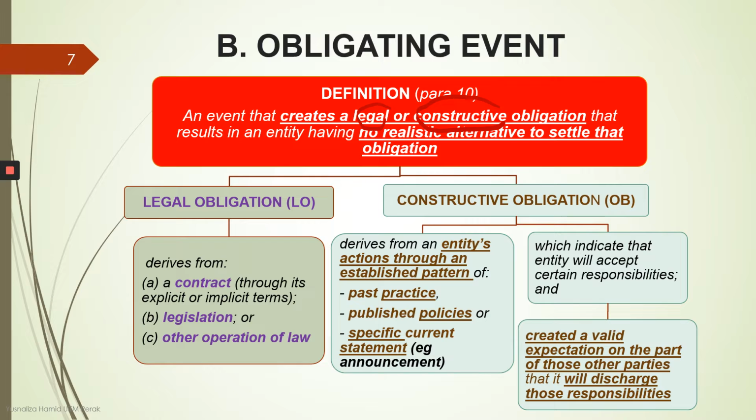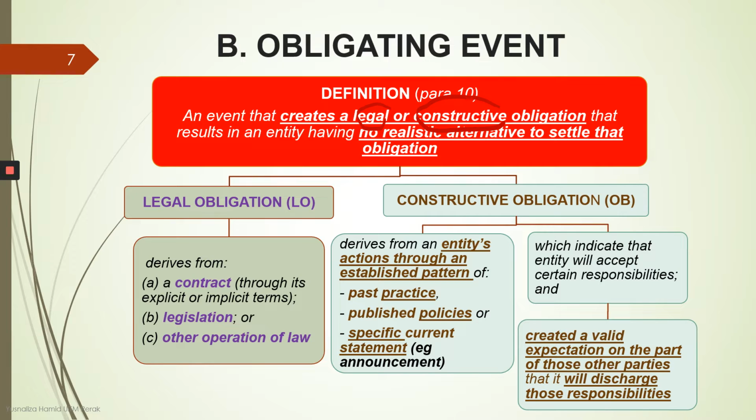They create some kind of potential legal or constructive obligation where the company will have no realistic alternative but to settle the obligation. So the commitment will give rise to some kind of future obligation.